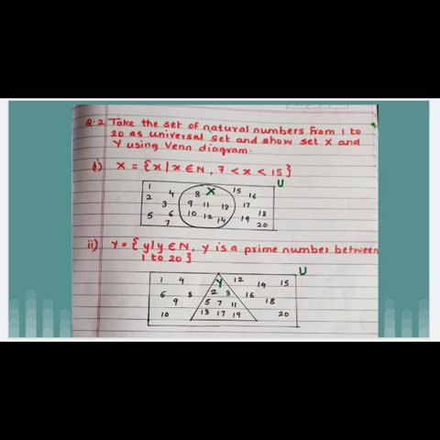So now remaining numbers means what? 1, we already mentioned 2, 3. So next element 4, then 6, then 8, 9, 10, then 12, 14, 16, 18, 20. Okay. Understood? Hope you understand how to represent a Venn diagram.